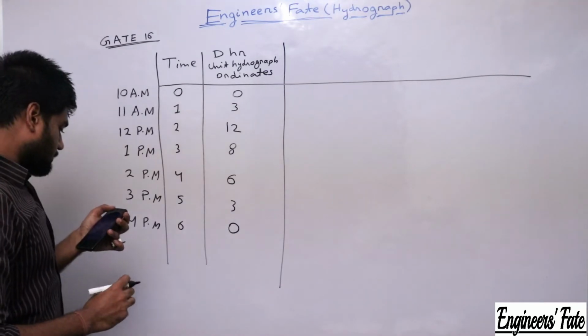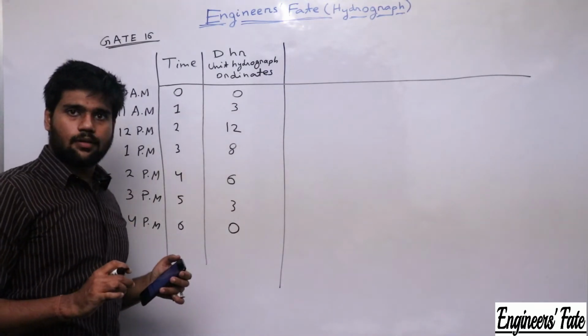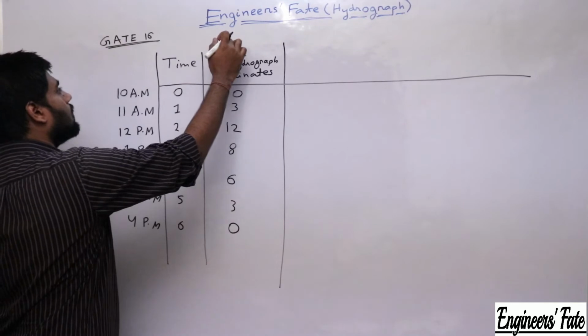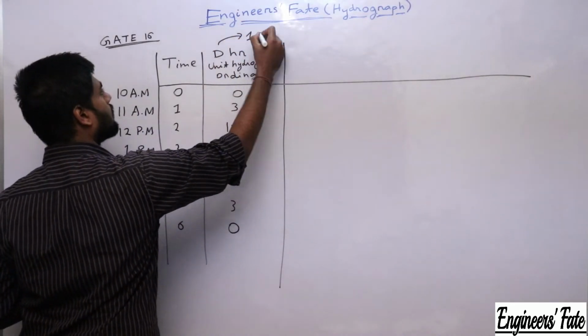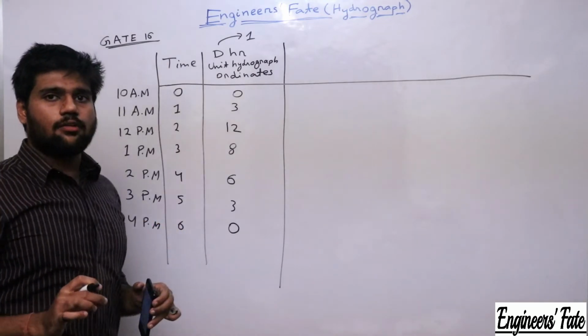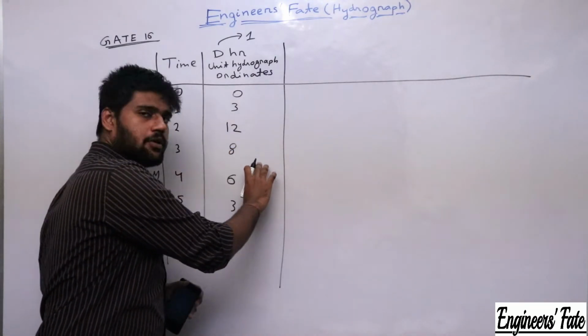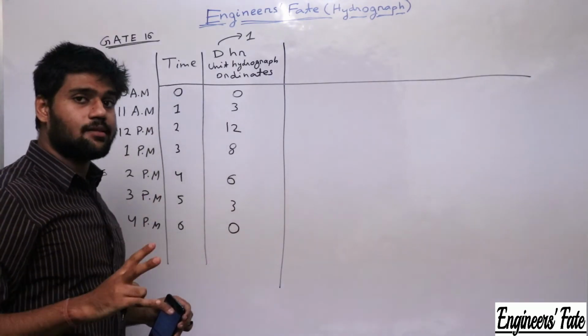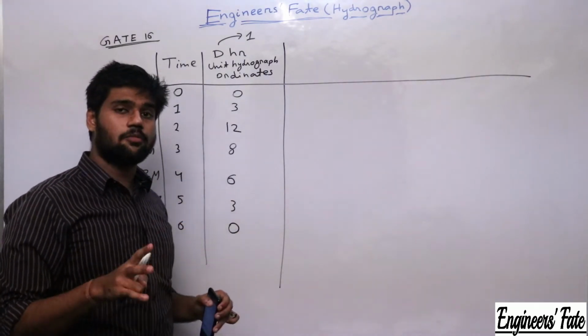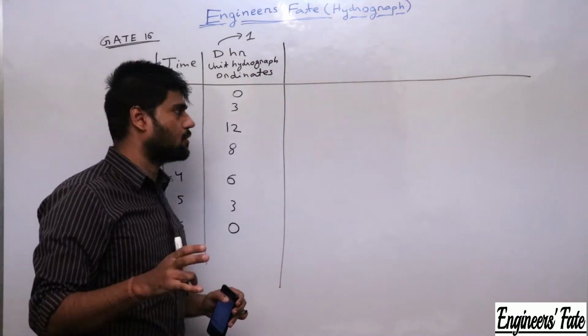Since he has given the 1-hour unit hydrograph, here D equals 1. So I have to convert the 1-hour unit hydrograph to a 2-hour unit hydrograph. So please see the procedure. I am going to use the S-curve method.